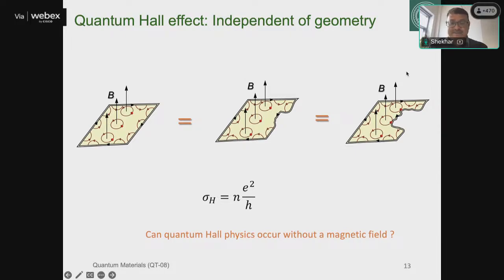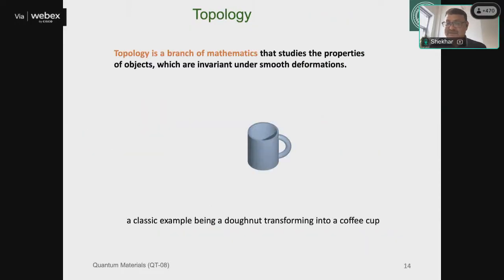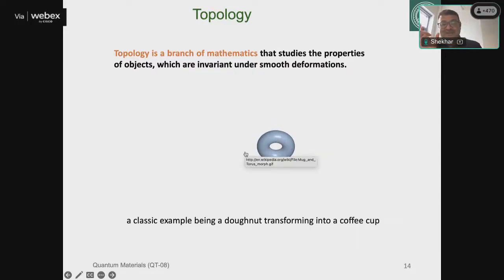As I said, this phenomenon, the quantum anomalous Hall, is independent of geometry, which is directly related to topology. It doesn't matter which shape or size of object you have; like the quantum Hall effect, this Hall conductivity is always e squared by h.